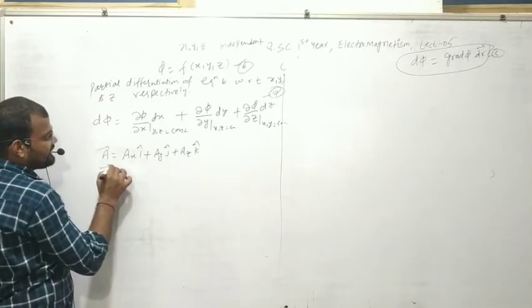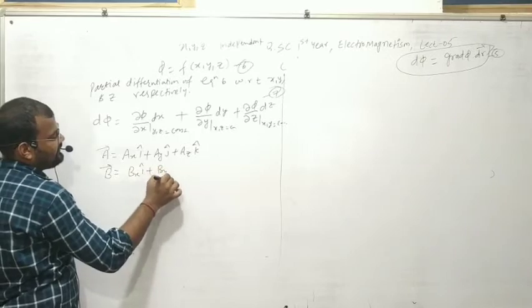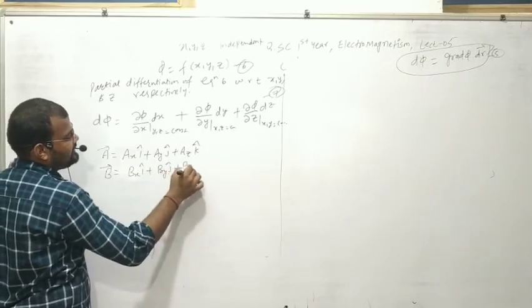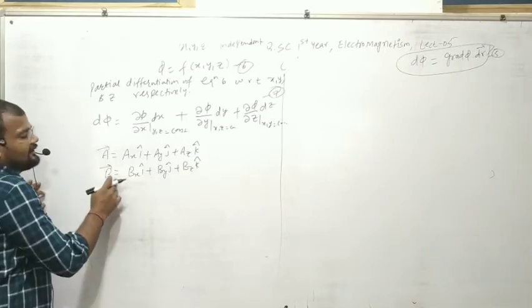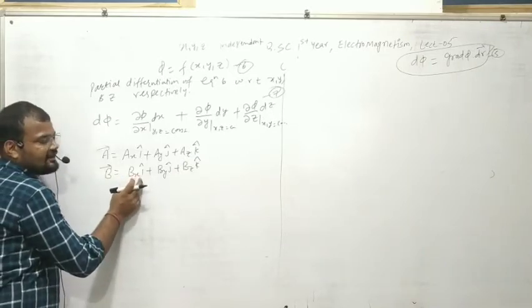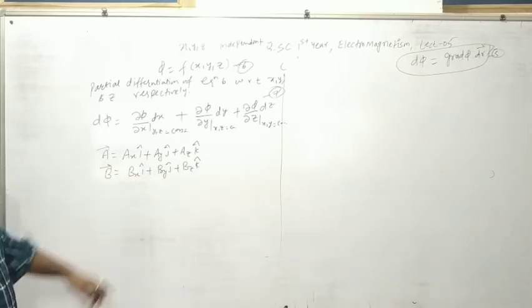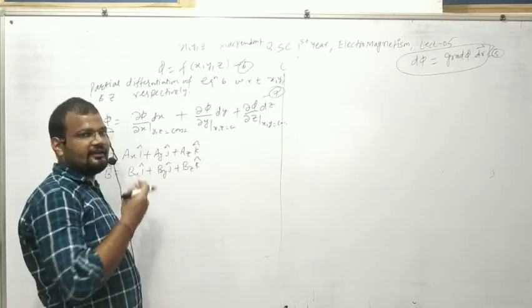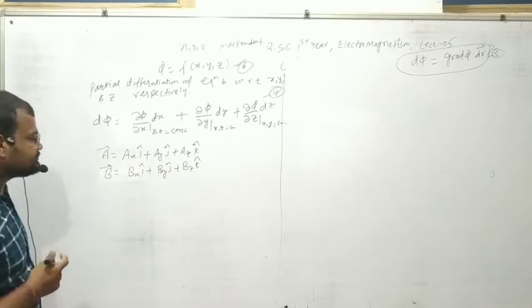And another vector B which is bx i cap plus by j cap plus bz k cap. These are the components of vector A, and these are the components of vector B.